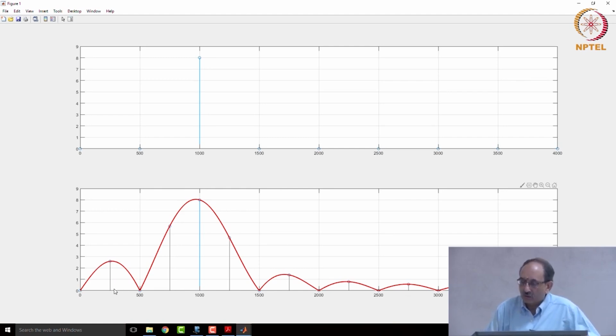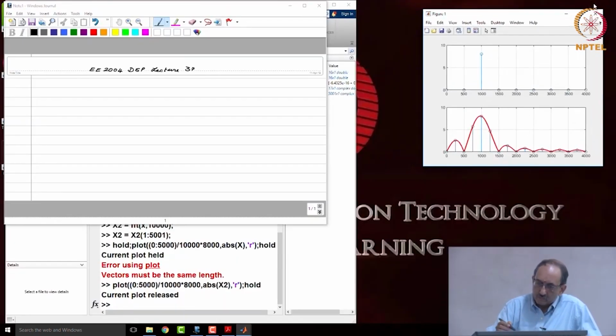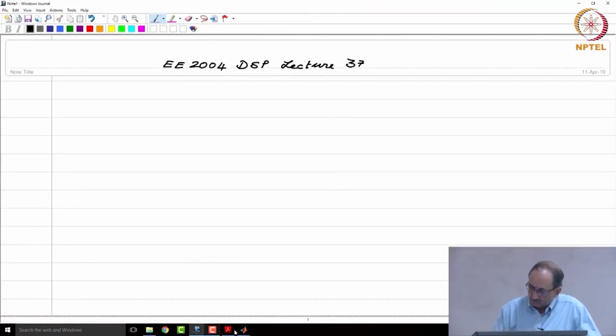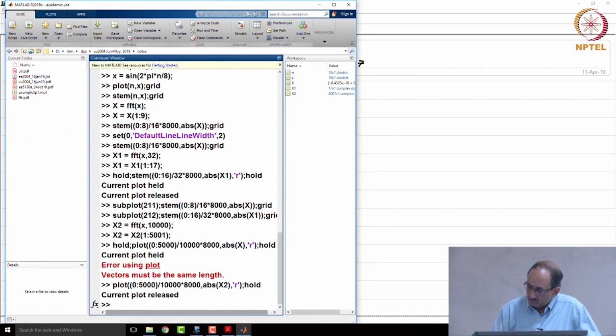But as you zero pad more and more, you will approach the DTFT. And so this is exactly what I did.